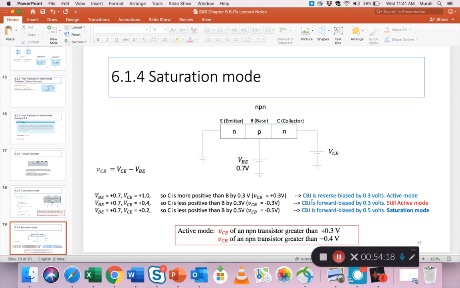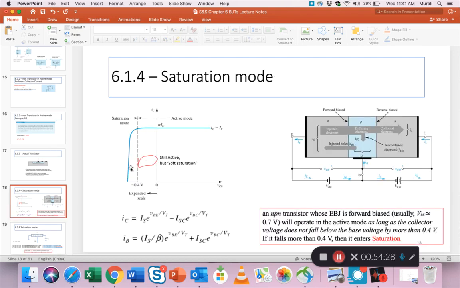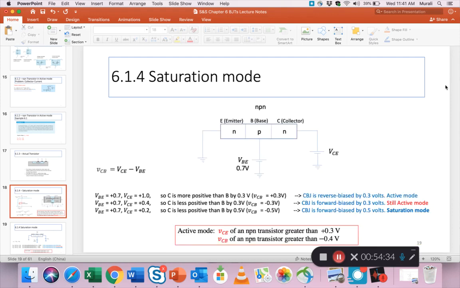Now CBJ has become forward biased. It's not reverse biased anymore by 0.3 volts, but we are still in active mode. So we are in the soft saturation mode. We are still active, but not in a healthy mode. The transistor is still active, but it's kind of in saturation.